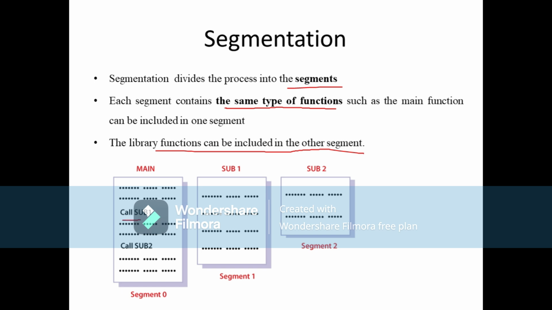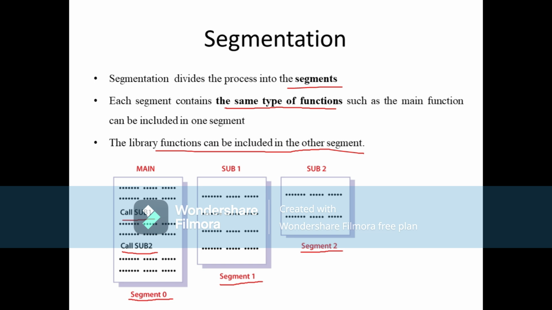The main function is calling a function called sub1, and it also calls a function called sub2. So this main function can be referred to as segment 0. The body of the function sub1 can be referred to as segment 1, and the body of the function sub2 can be referred to as segment 2.